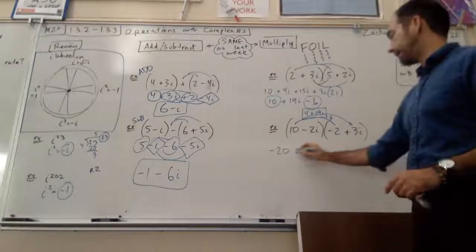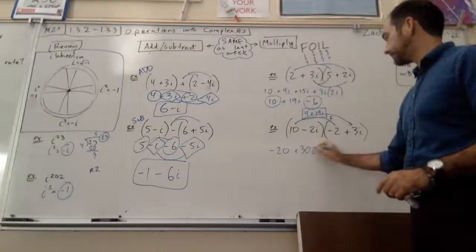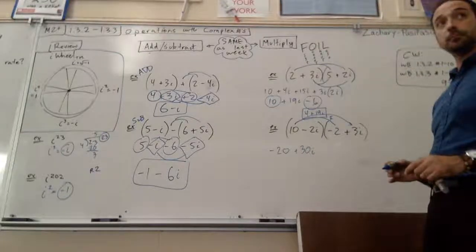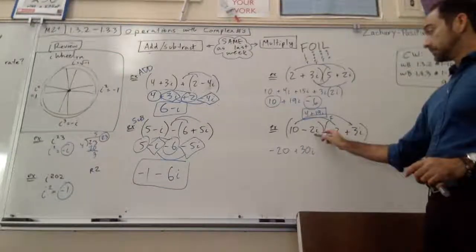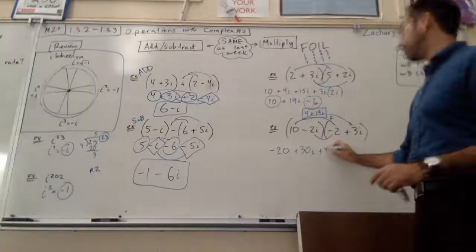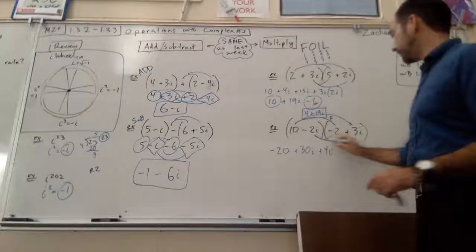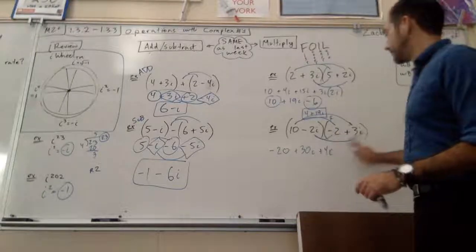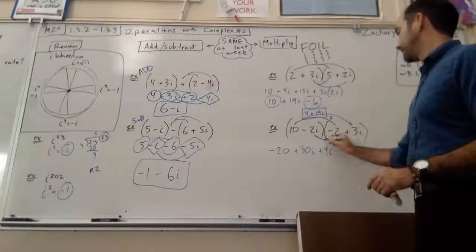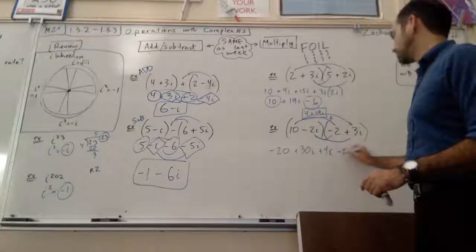Perfect. Samira, what is next? Negative 2 times 2i. Geneva, what is next? Negative 2i times 3i.